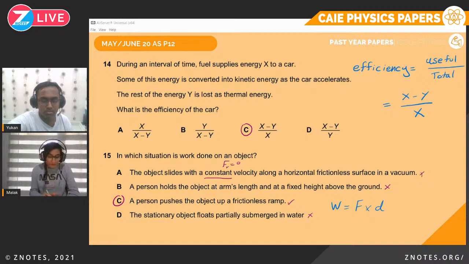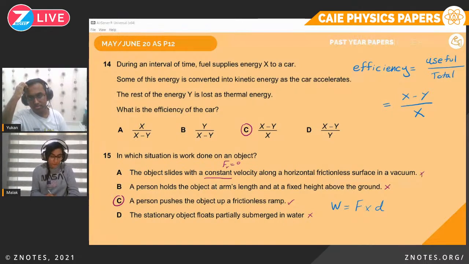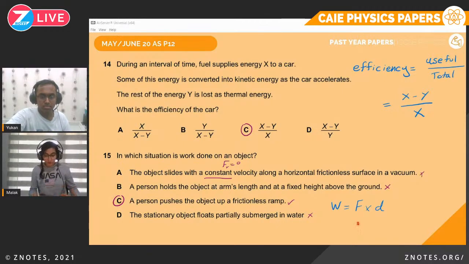A person holds the object at arm's length and at a fixed height above the ground. There's no distance moved, so there is no work done. A person pushes the object up a frictionless ramp. A person is pushing and something is moving, so there's force being applied and there's distance moved. Therefore, work is being done. Move to the next question.